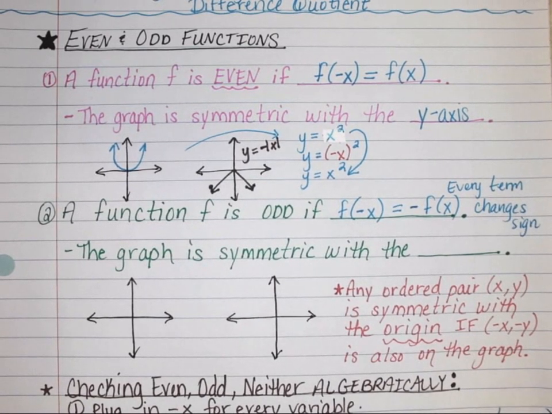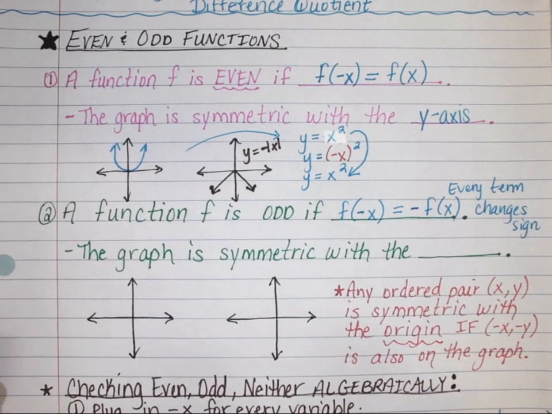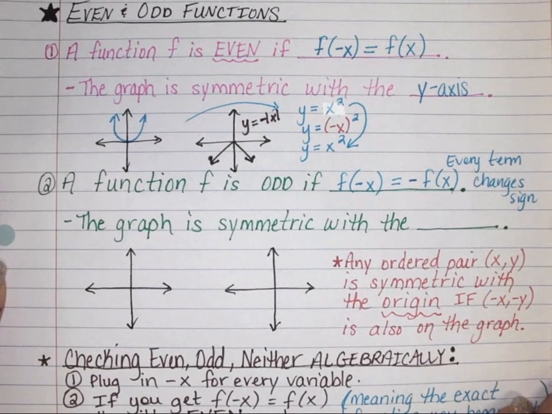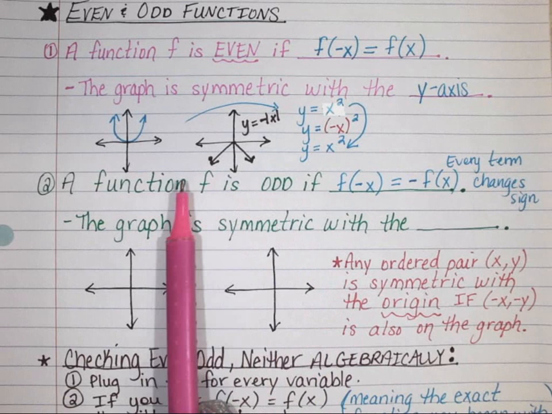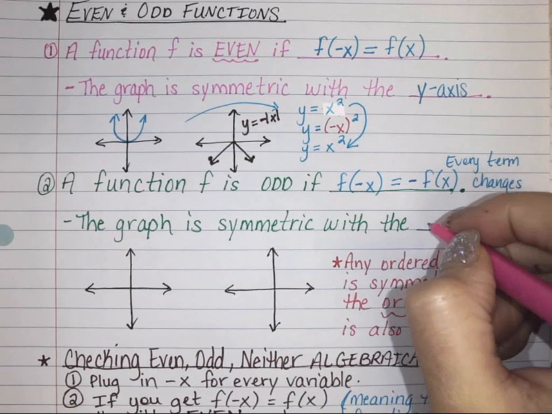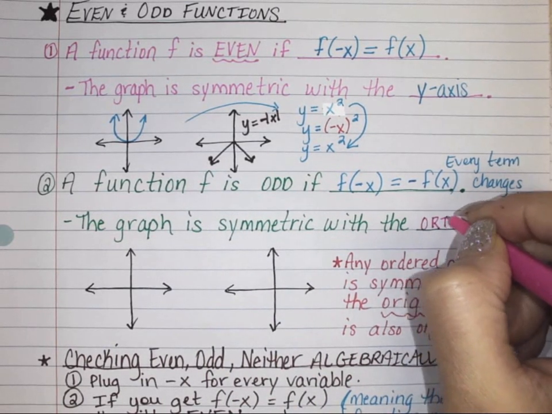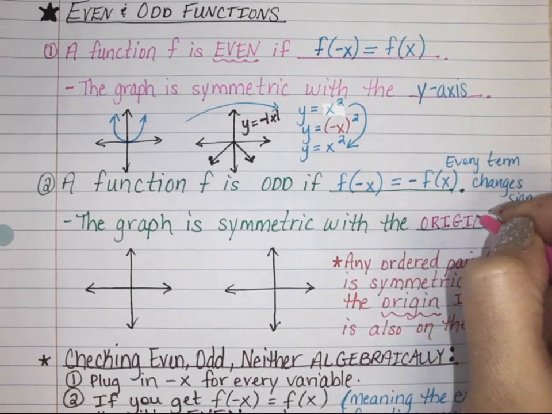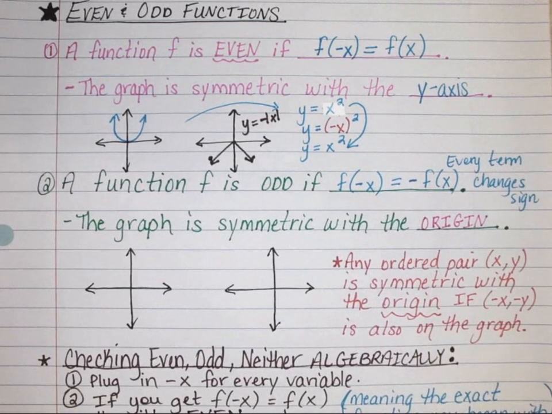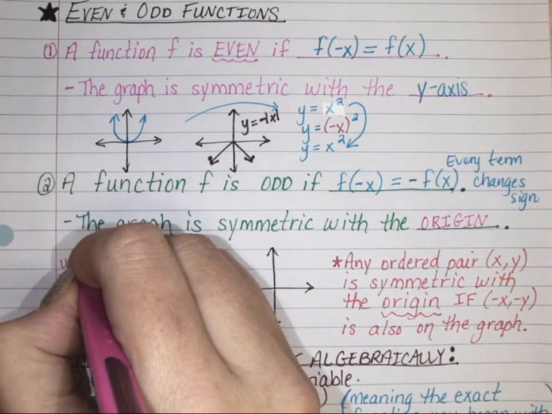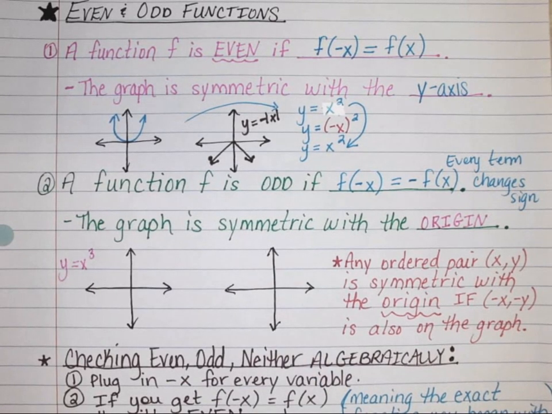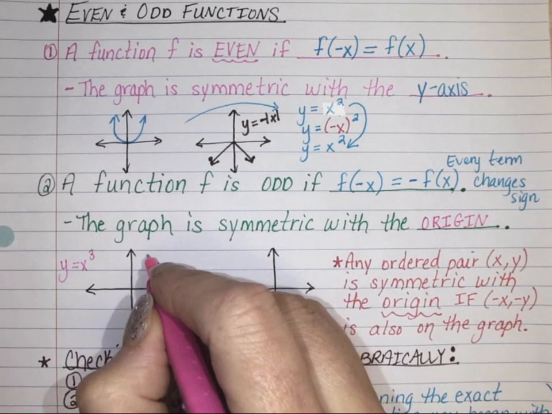What an odd function looks like graphically is that it is going to have origin symmetry. So an odd function is symmetric with the origin. One of the very common graphs that is odd and has origin symmetry is the cubic graph.